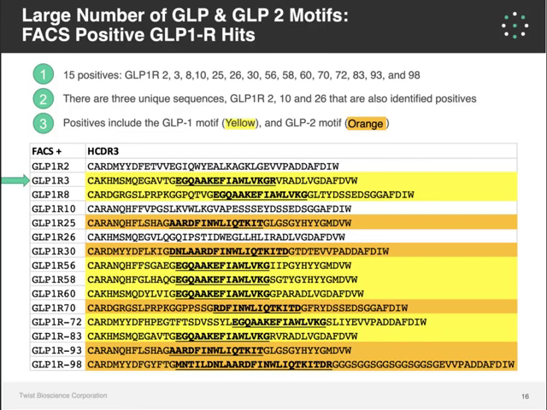All the sequences in yellow have the GLP-1 peptide motif embedded in the loop, which allowed them to bind specifically to that receptor. We also saw some sequences in orange that have the GLP-2 peptide motif, even though GLP-2 is not known to bind to GLP-1 receptor.